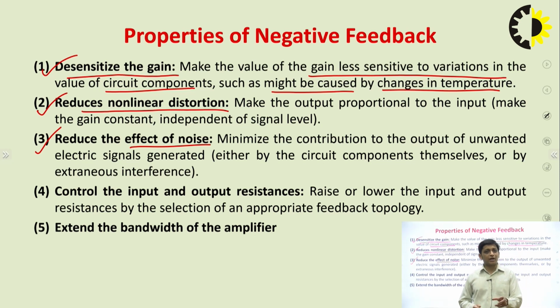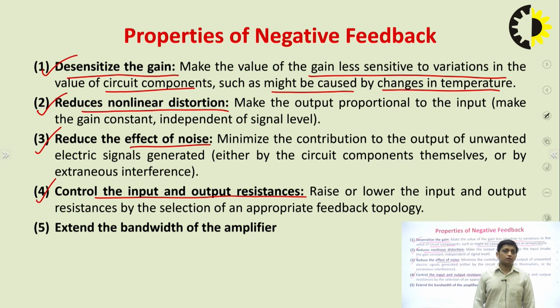Because of the movement of those electrons, a voltage is generated that is called noise voltage, and we need to stop that noise from going from input to output. For that we use a differential amplifier, that is a different topic, but by applying negative feedback we can reduce the effect of noise also.